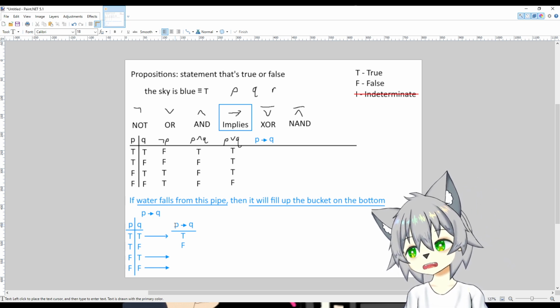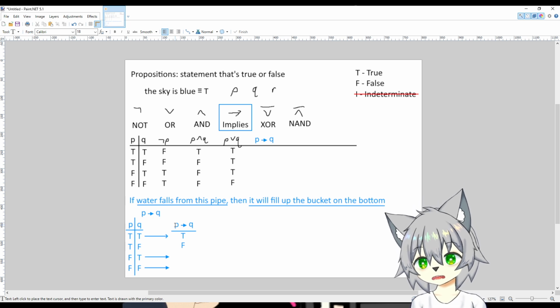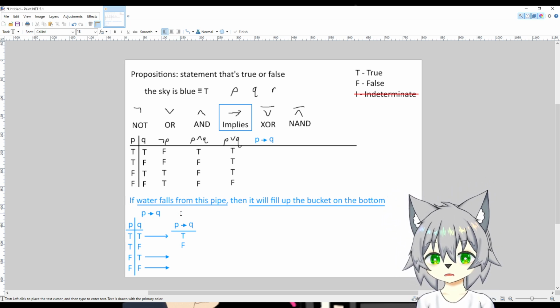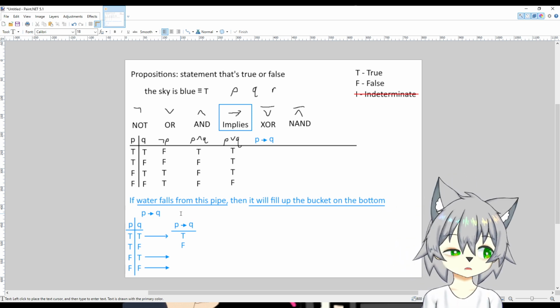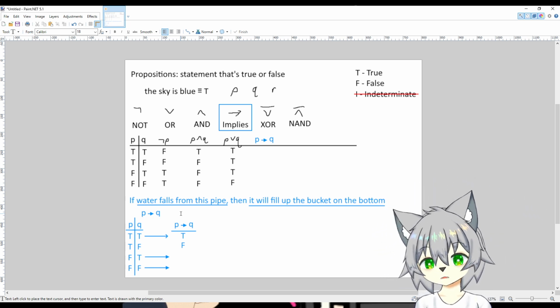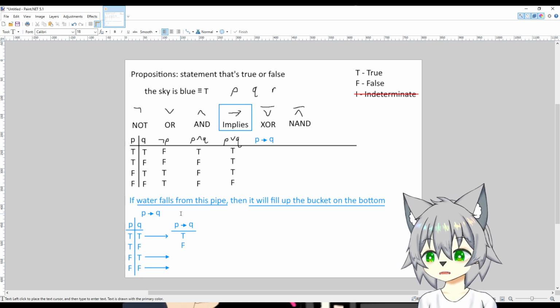In the same vein, even if water doesn't fall from this pipe and the bucket is empty, it doesn't necessarily mean that this entire statement is false. It's only applicable if water falls from your water collecting drain. It only applies for that case.